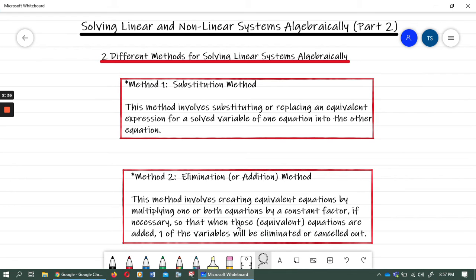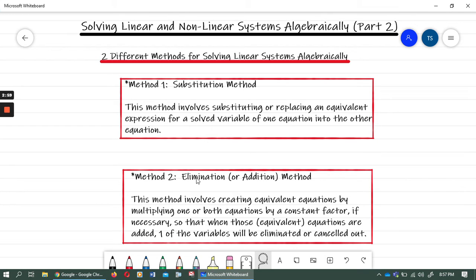We'll do that so that when those equivalent equations are added, one of the variables will be eliminated.